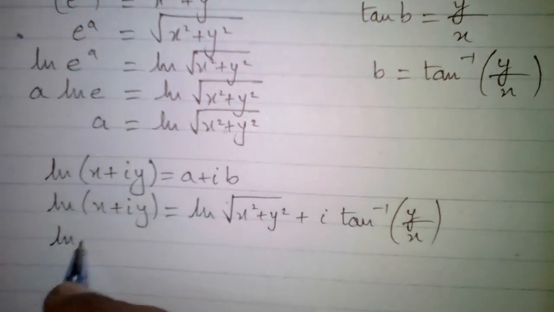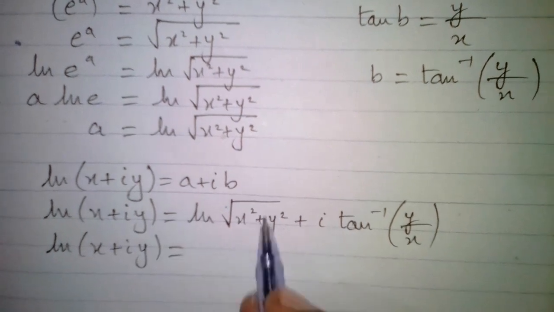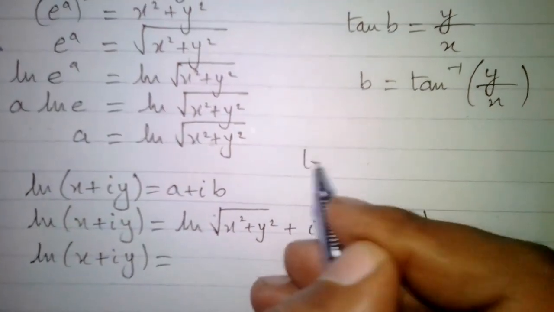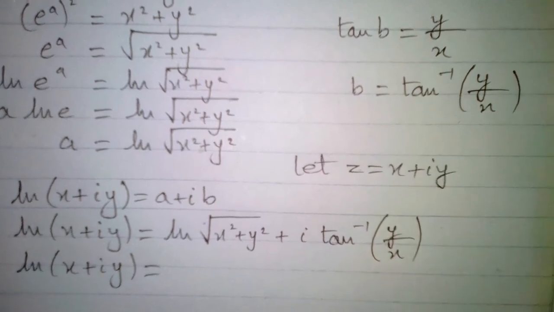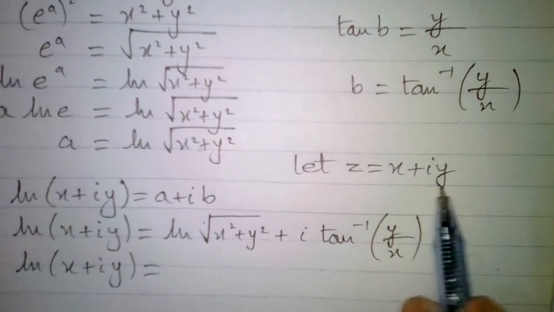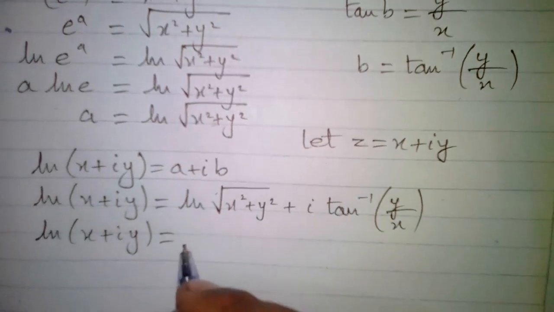And we know that if we let z is equal to x plus iota y, then the modulus of x plus iota y is equal to the square root of x square plus y square.